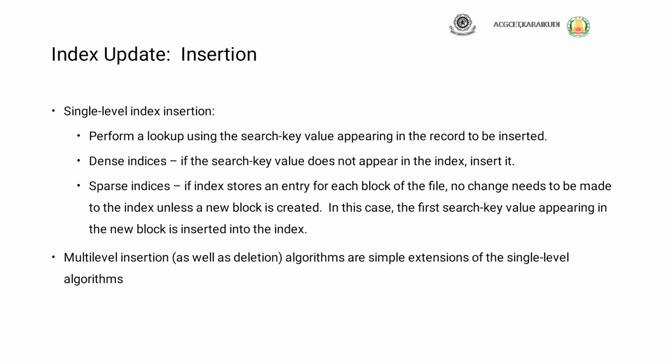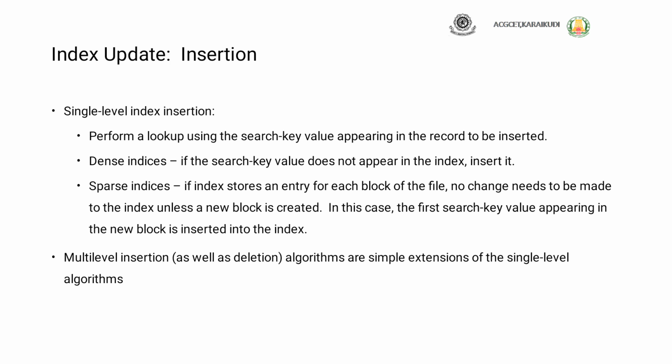Index update in insertion. When we insert a new entry in single level indexing, it performs a lookup using the search key value appearing in the record to be inserted. In the dense index, we know that if an index entry is created for every search key value, then it is called a dense index.